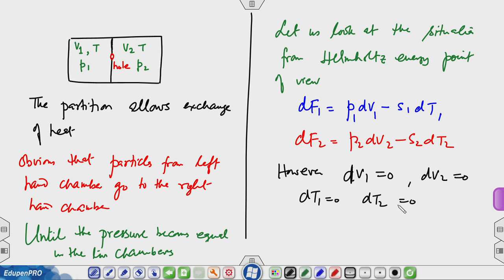If you're finding it difficult to understand why dT should be 0, let's have the gas inside be an ideal gas. And the whole thing is isolated.